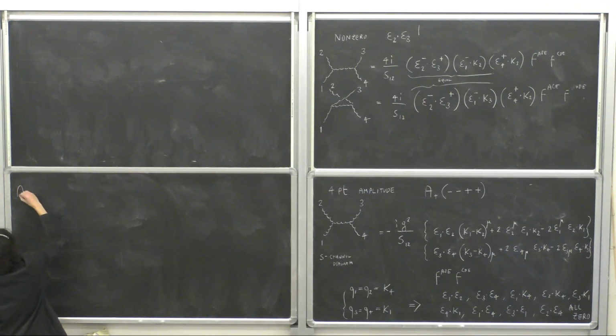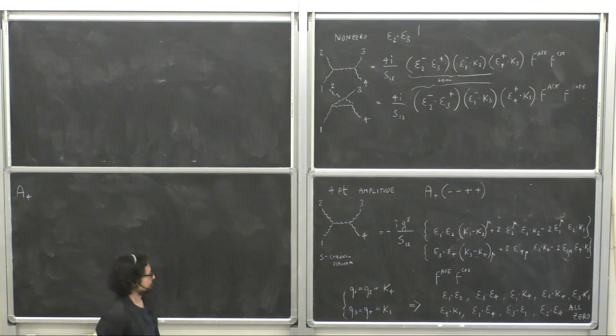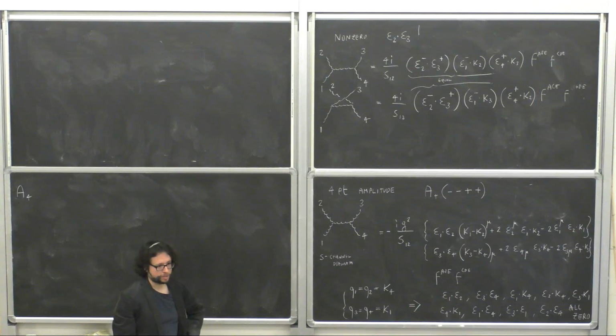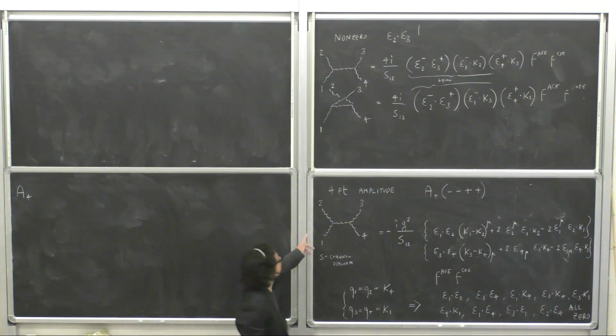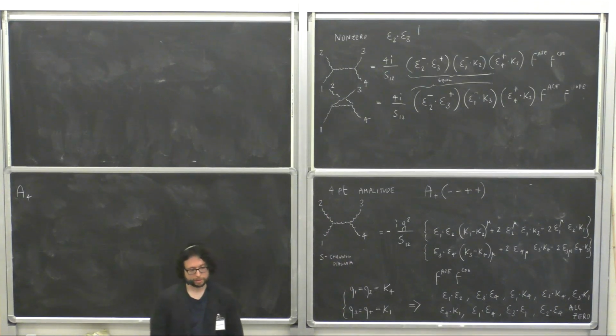So again, I have my A4 here. The contact term is 0 because you have 2 pairs of epsilon which are contracted into each other. And the only one which is non-zero is over there, right? So I was going to have another pair of epsilons, and it's equal to 0.